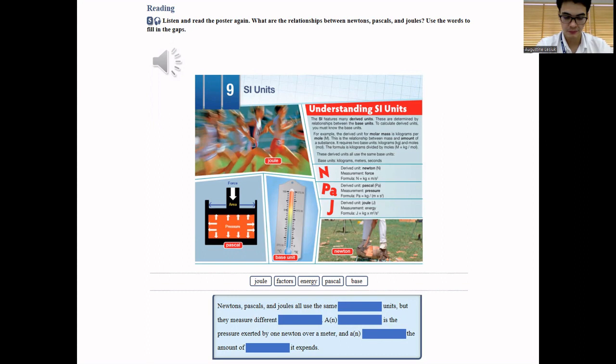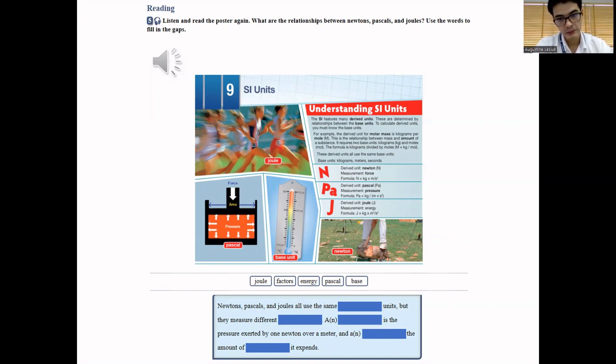M equals kg divided by mol. These derived units all use the same base units. Base units: kilograms, meters, seconds. Derived unit: Newton, N. Measurement: force. Formula: N equals kilograms times meters per second squared.